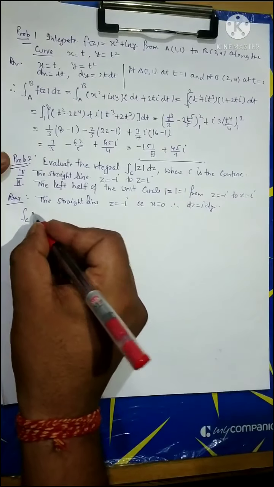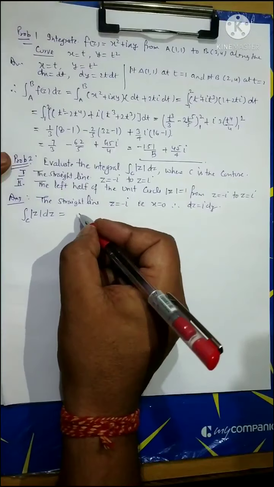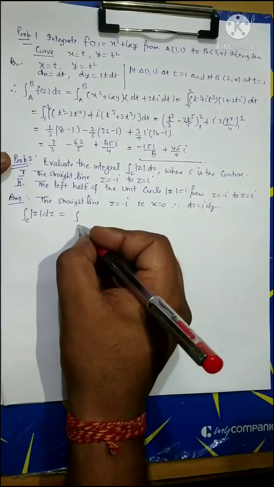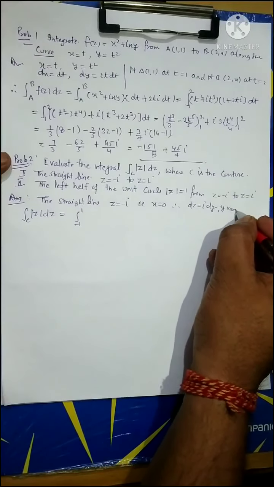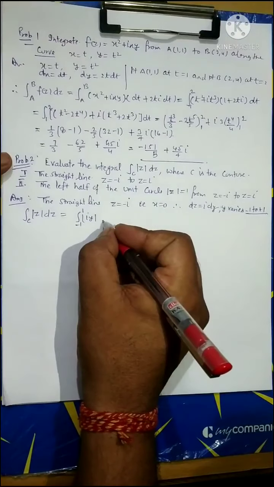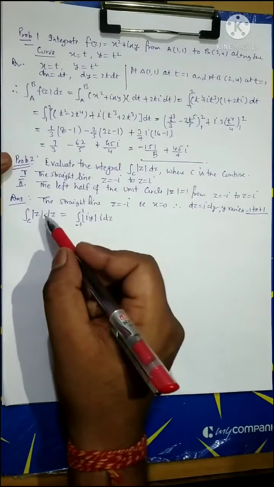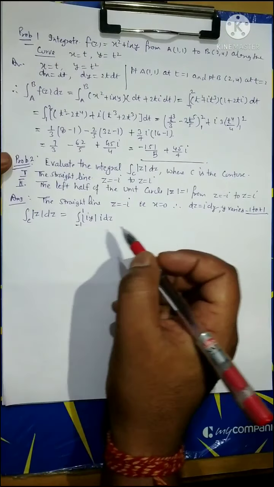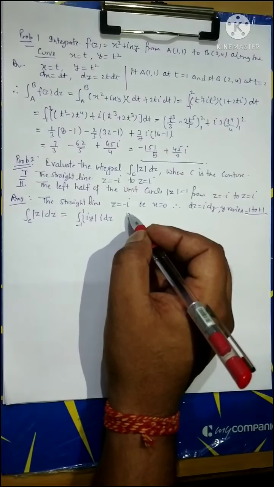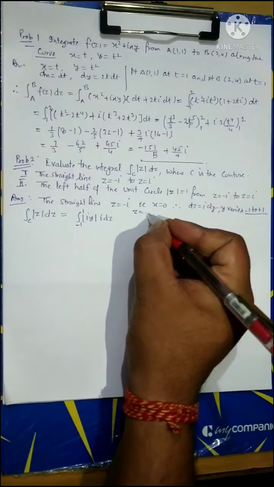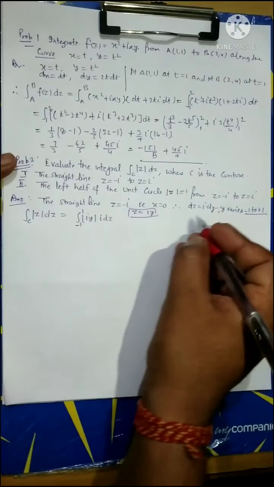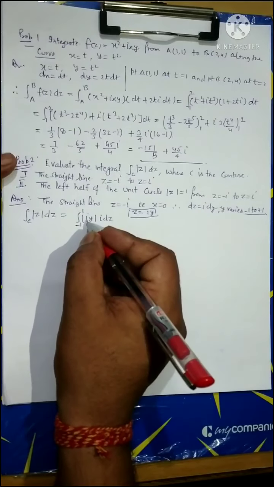Now the integral over contour C of |z| dz, where y varies from −1 to +1. Putting z = iy, now dz = i dy, and the modulus of i equals 1.